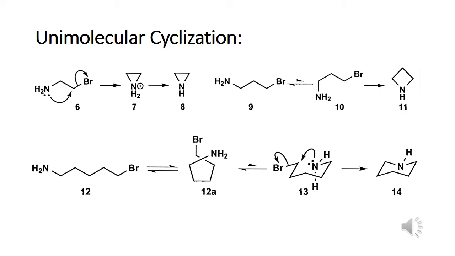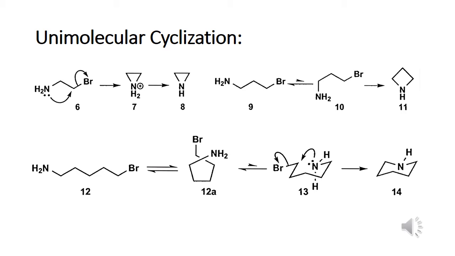Now in the example, you can see the five-membered ring structure, structure 12A, and then it has some resonating arrangement. We are going to get structure 14 as a final structure, that is a chair conformer.